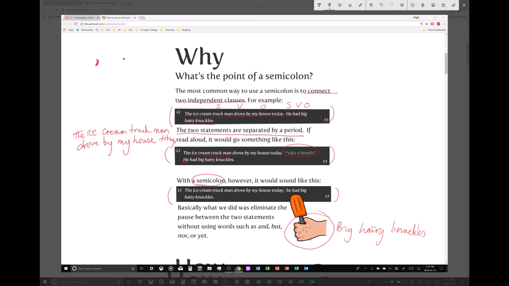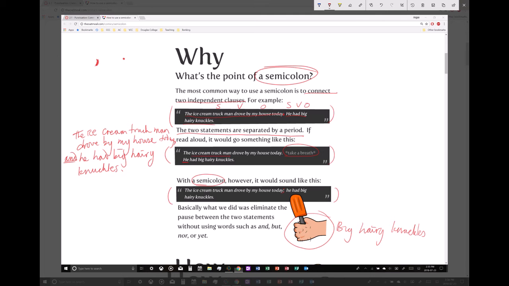That's actually not allowed because you cannot join two independent clauses with just a comma alone. If you wanted to use a comma, you would have to use a conjunction word like and. The ice cream truck man drove by my house today, and he had big hairy knuckles. However, since we're using semicolons, instead of a comma, use a semicolon for two independent clauses.